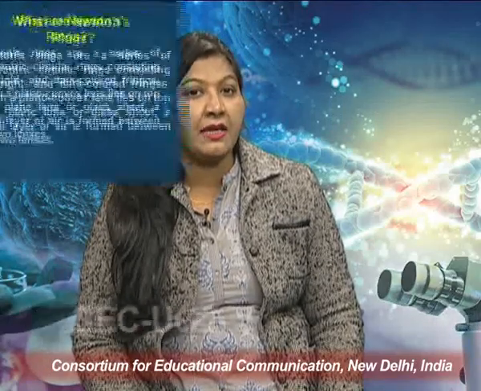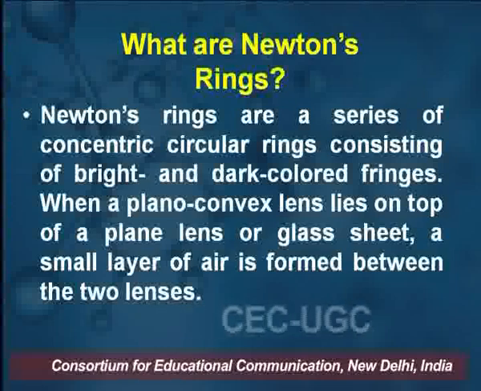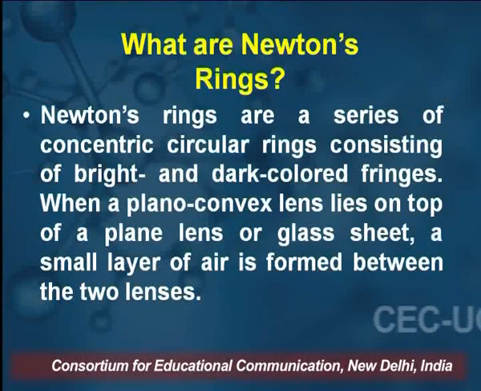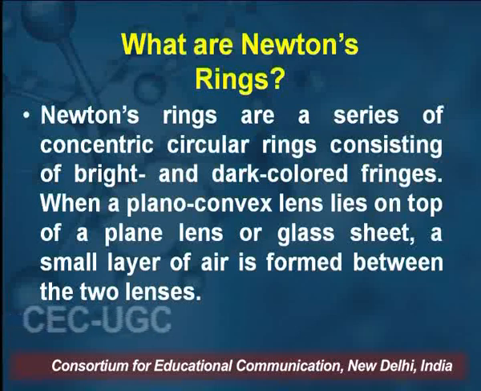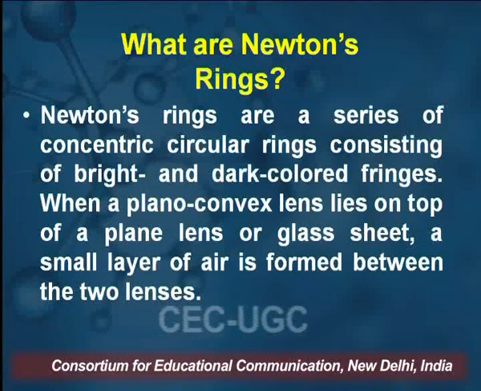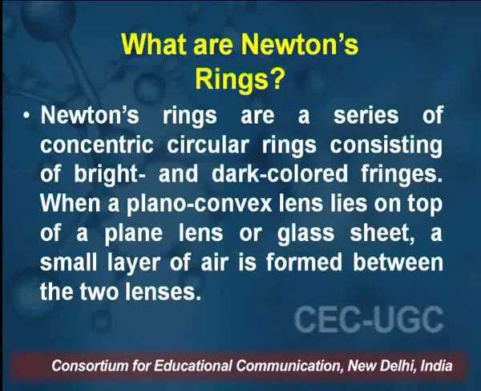So, first we discuss what Newton's rings are and how they are generated. Newton's rings are a series of concentric circular rings consisting of bright and dark fringes. Here we understand that we are dealing with bright and dark fringes, which come from an interference pattern.